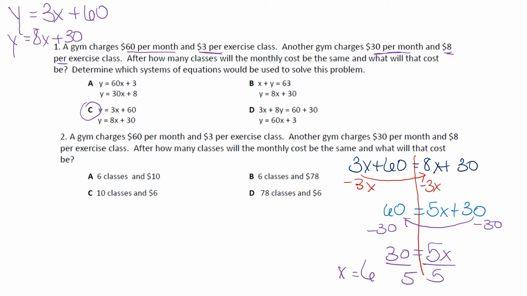So the x represents the classes. That lets me know I've got 6 classes, but I've got to figure out the expense. So you're going to take your 6 and plug it back into one of your equations.